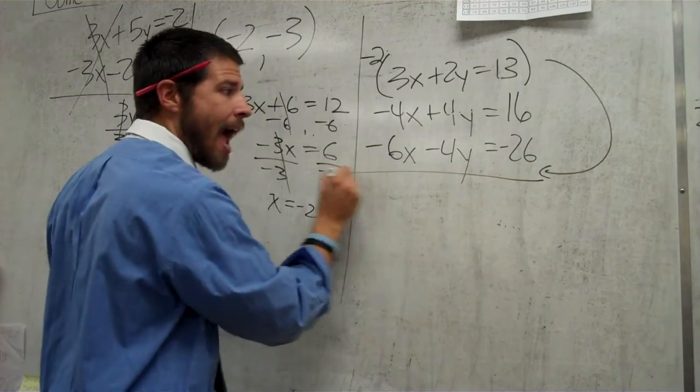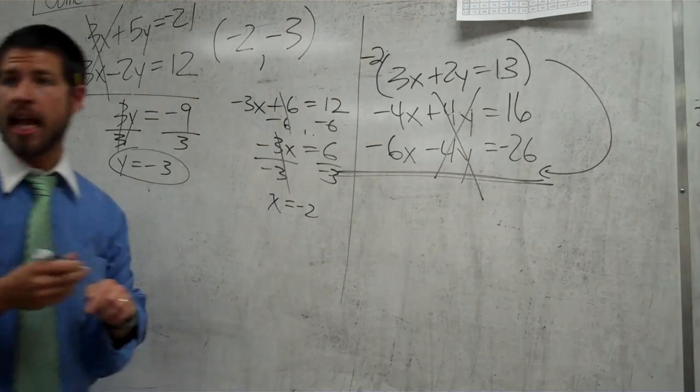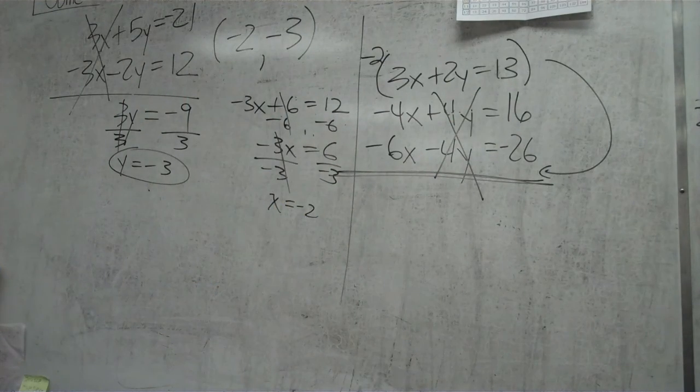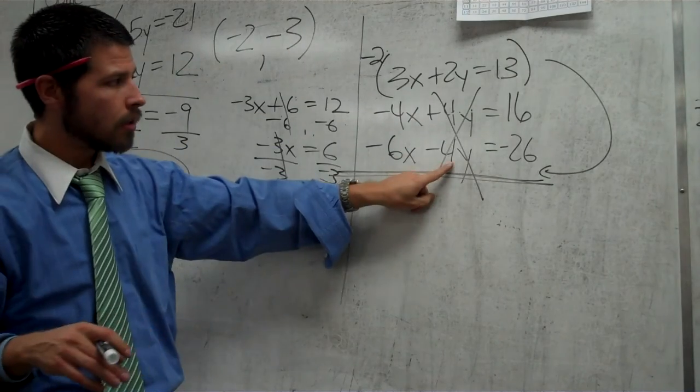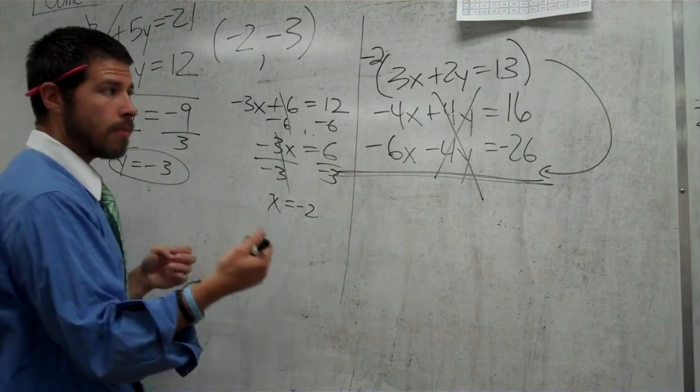When you add these up, the y values are eliminated. Just the bottom two, because I just rewrote this one to get these to be opposites, 4y and negative 4y. Now we just add our columns up.